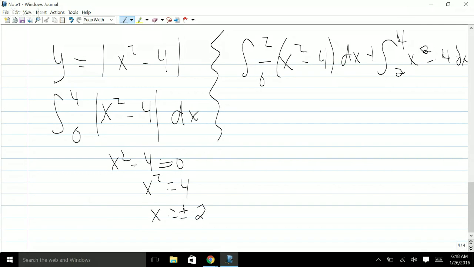I will run through this problem real quick with you, just to make sure you're looking at the integral properly.